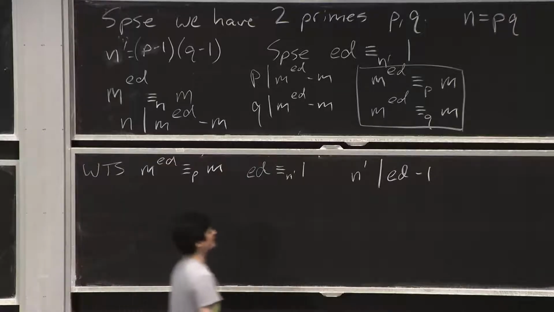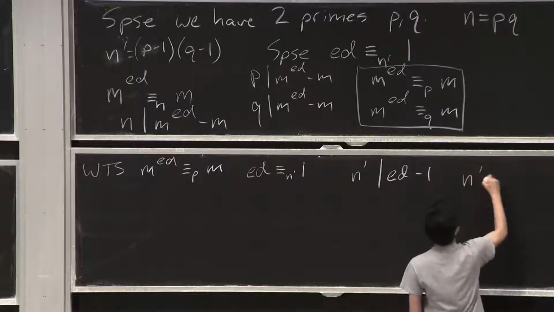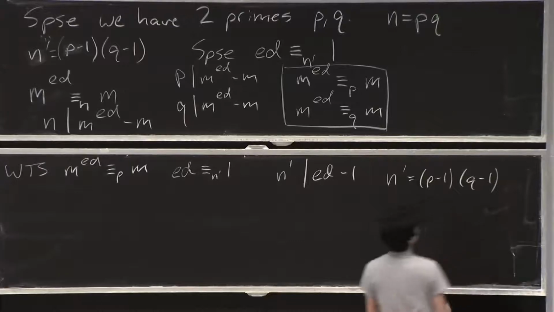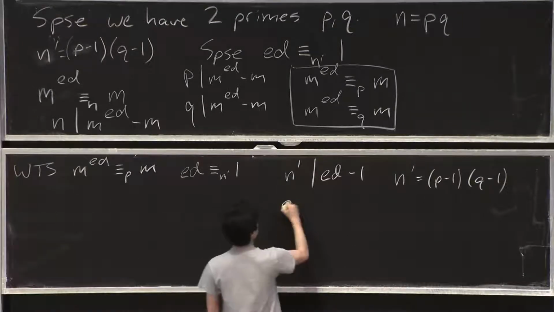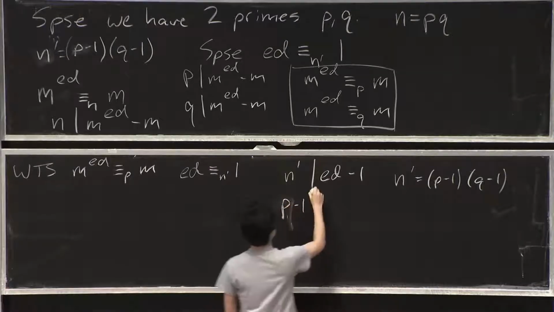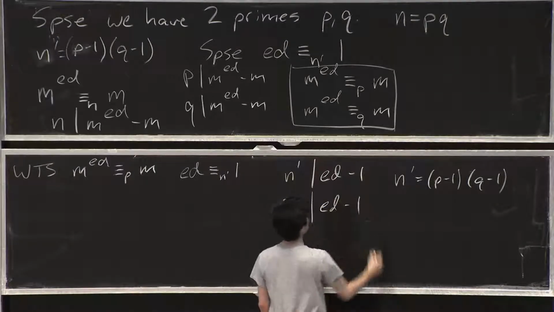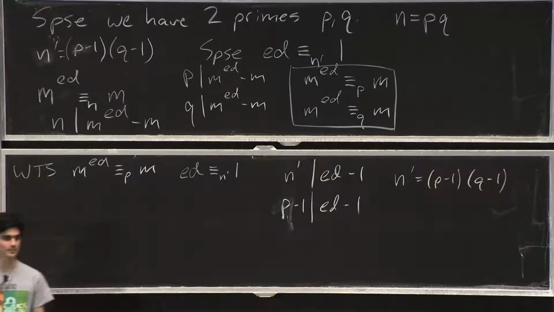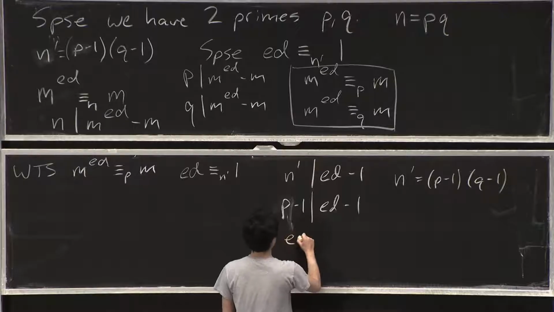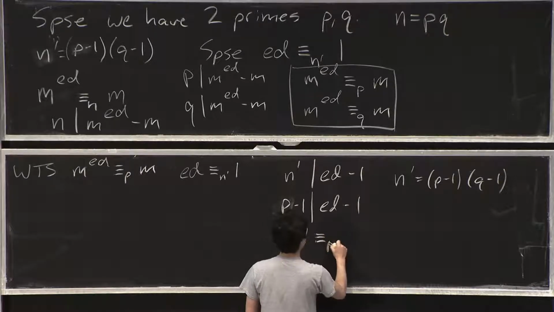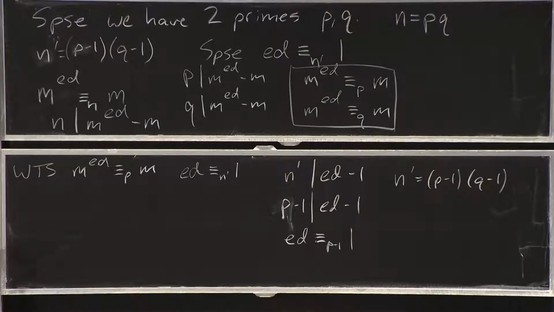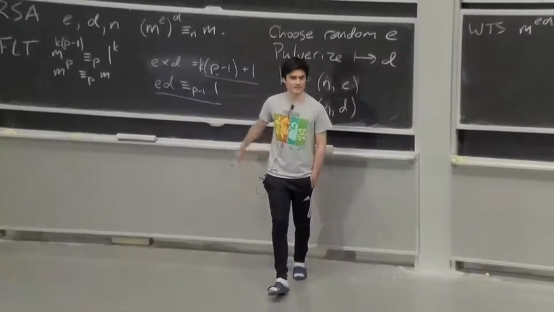Well, what is n prime? n prime equals p minus 1 times q minus 1. So in particular, p minus 1 divides ed minus 1. So said otherwise, ed is congruent mod p minus 1 to 1. So that's exactly the condition we had over here.